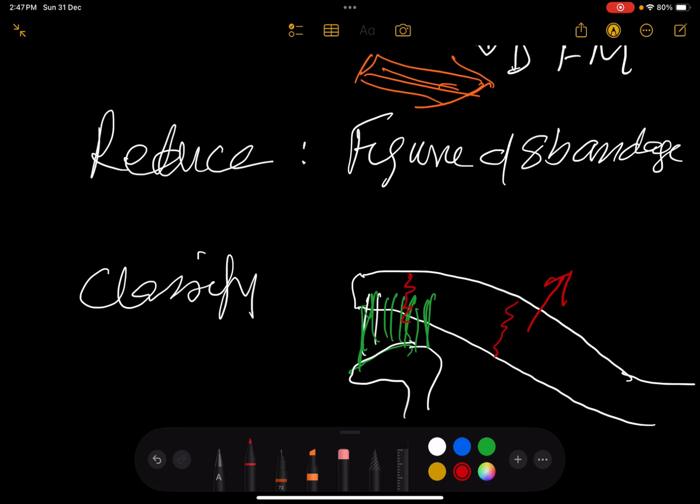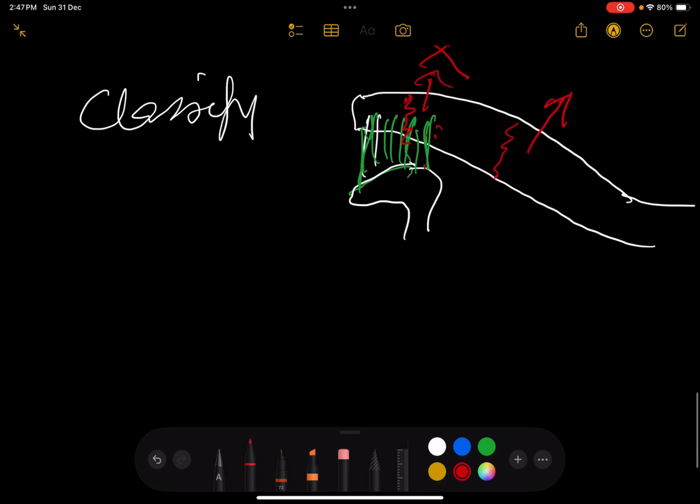But if the fracture occurs where the coracoclavicular ligament is attached to the medial fragment, then this will not prevent upward migration of the medial fragment. Then you treat it by figure of 8 bandage.